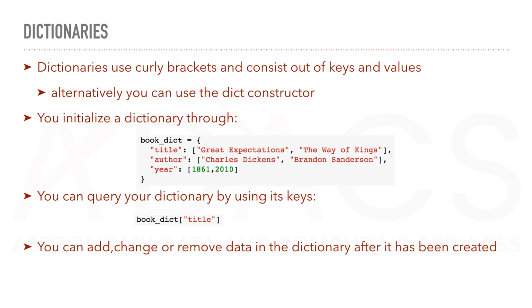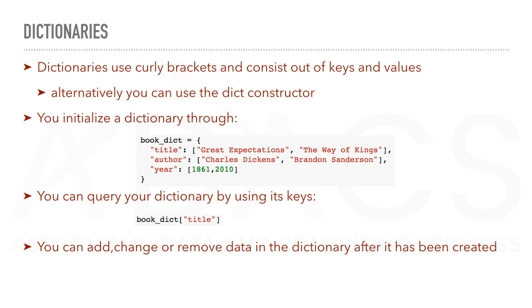Dictionaries. Dictionaries you create by using curly brackets. A dictionary consists of keys and values. You add a string as your key before separating it with a colon from the associated values. Here we have a dictionary of books. Its key values are title, author, and year. It has 2 entries for each of them. The book titles are Great Expectations and The Way of Kings.